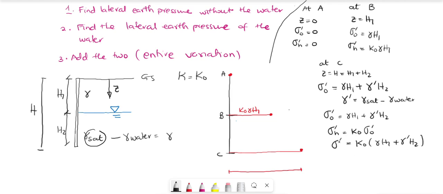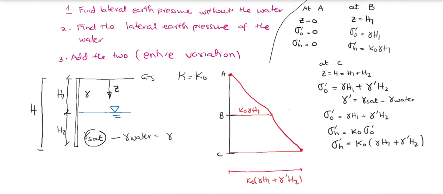Do you get it? So we are going to have something like this. And so if I'm plotting, I'm going to have here K naught multiplied by gamma H1 plus effective unit weight H2. So I can join. They are not exactly straight lines.